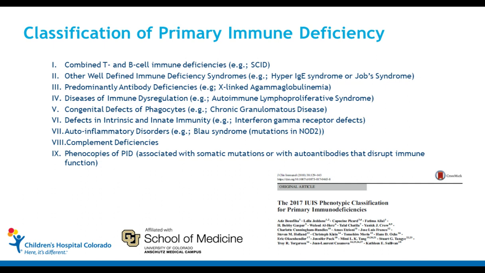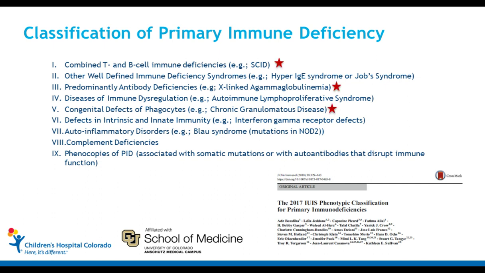Now, this is a new category and a very interesting one where acquired autoantibodies can disrupt the immune system and present as a primary immunodeficiency, or somatic mutations may occur later in life, disrupting the immune system. So it's important to know that the ninth category are not necessarily inherited immune deficiencies, but they present like a genetic inherited immune deficiency would.